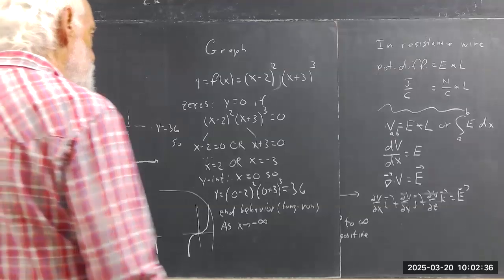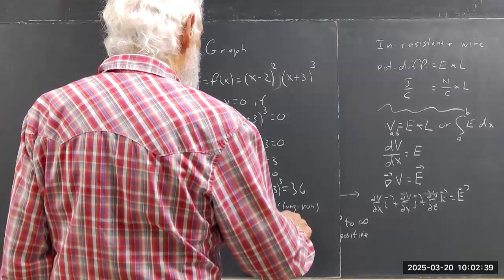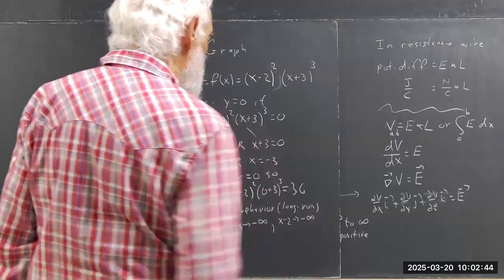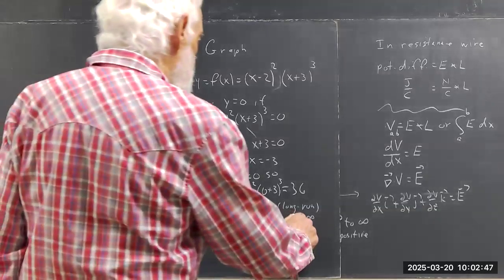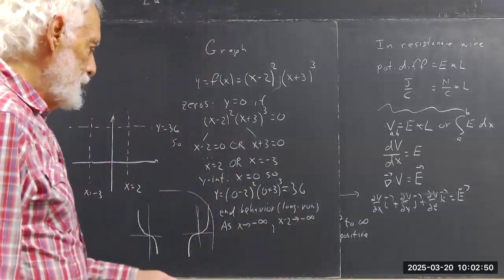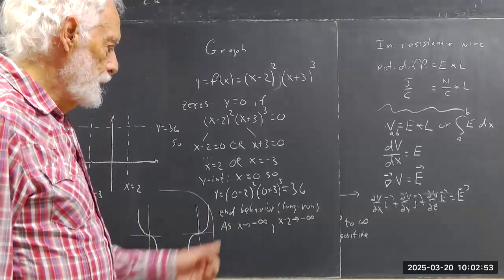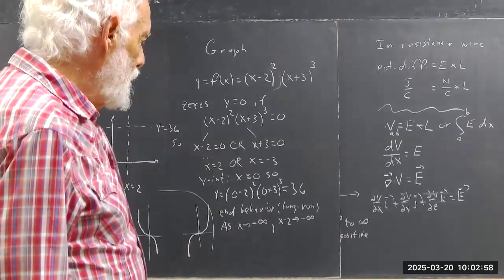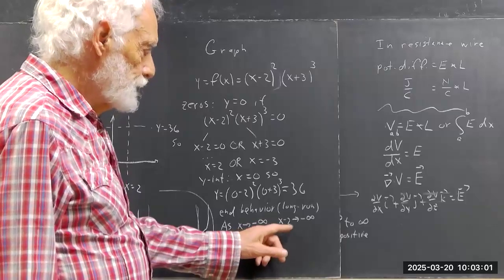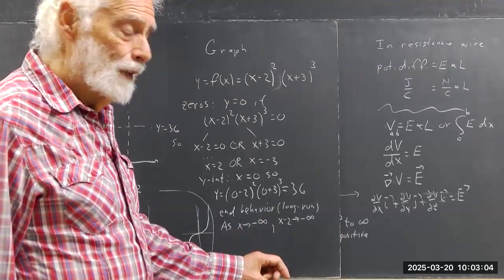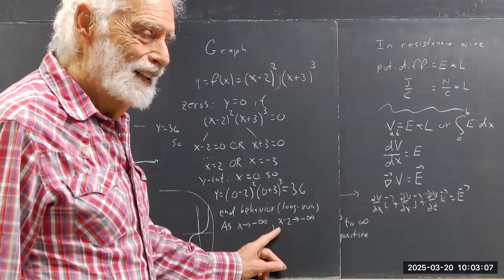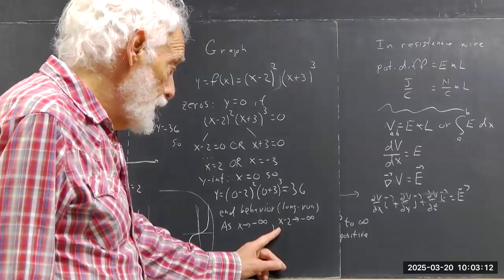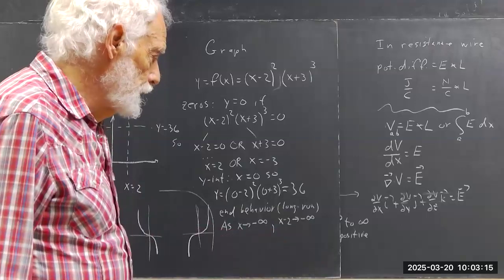As x goes to negative infinity, why is that? It's because you're going to let x go to negative infinity. It means you can let x be as big a negative number as you like. Now, if x is even negative 100, x minus 2 is clearly going to be negative, right? If x is negative 1,000,000, x minus 2 is going to be an even bigger negative number, right? There's going to be a negative number, and it's going to approach negative infinity.